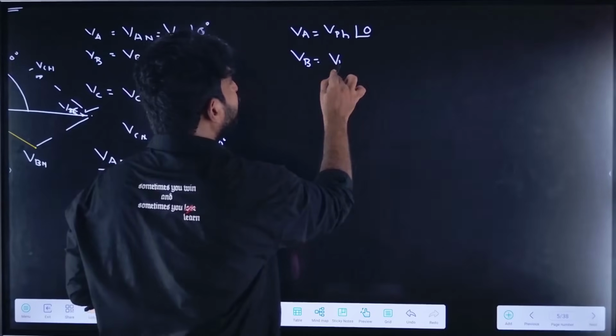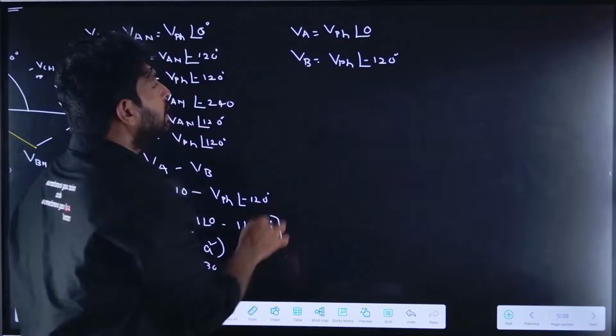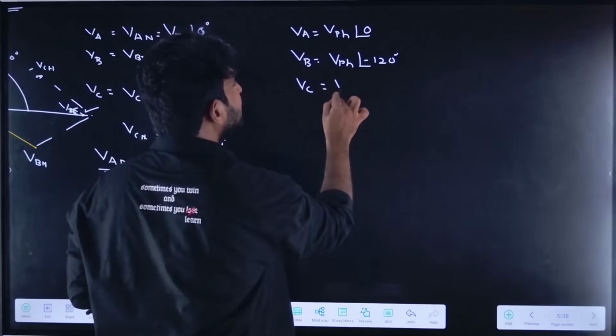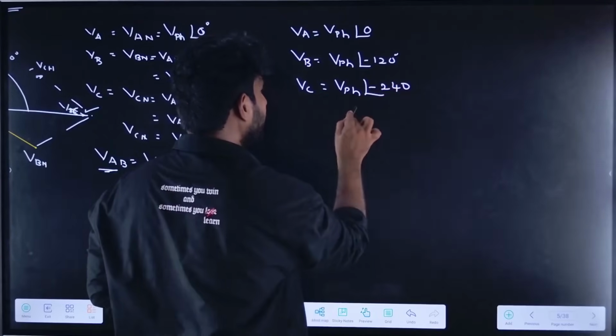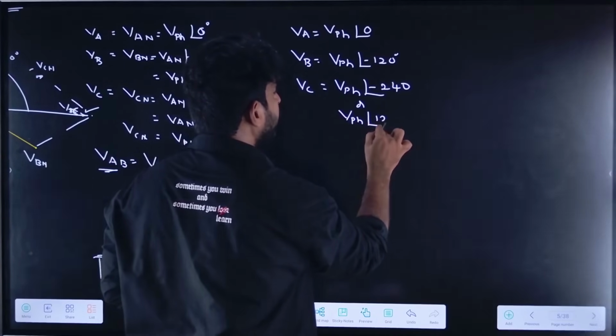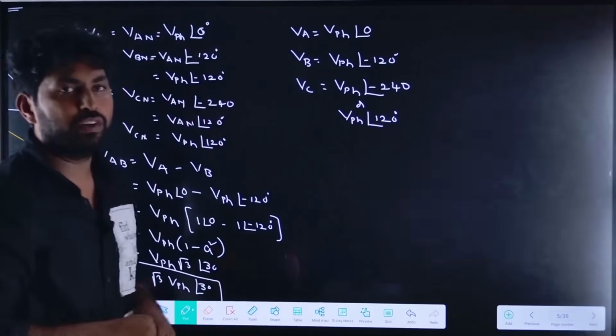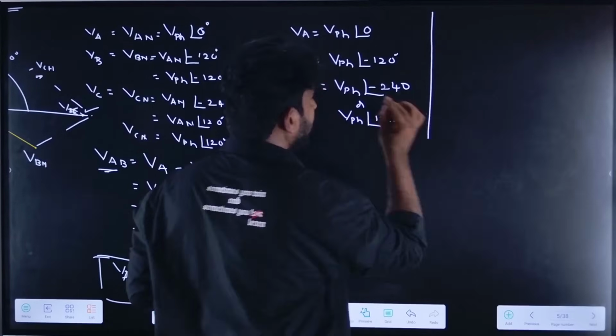V phase at an angle minus 120. What is VC? V phase at an angle minus 240 degrees, or V phase at an angle plus 120 degrees. So we have found the phase voltages here.